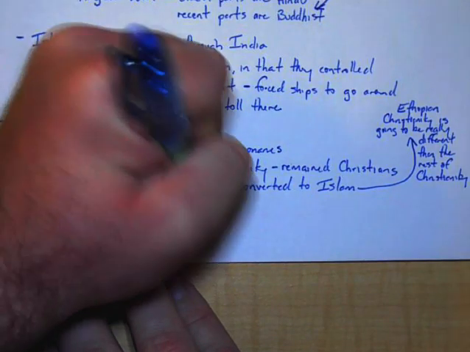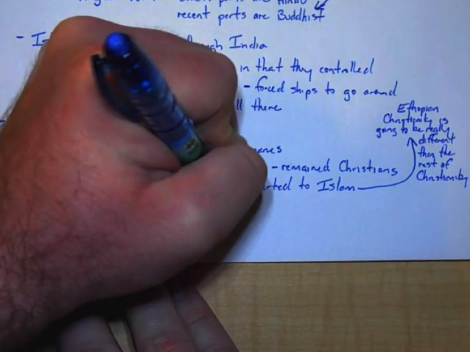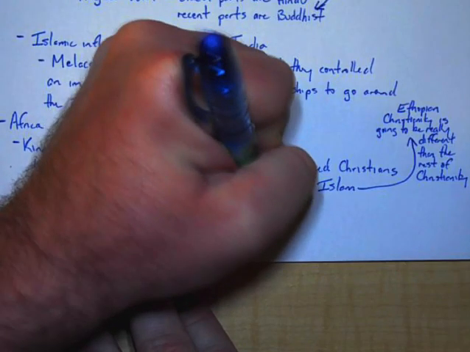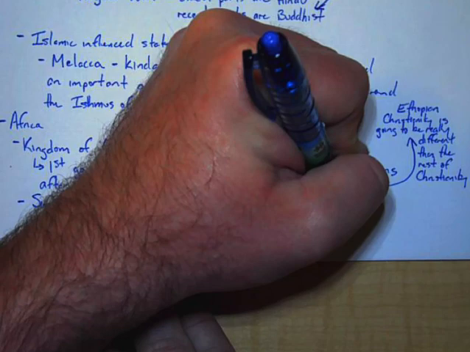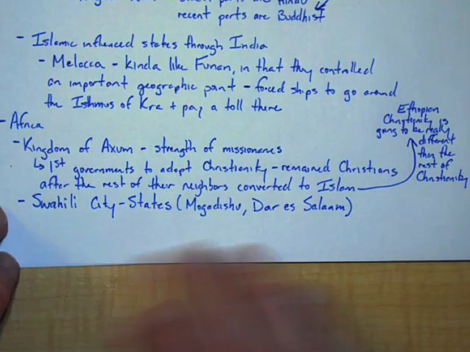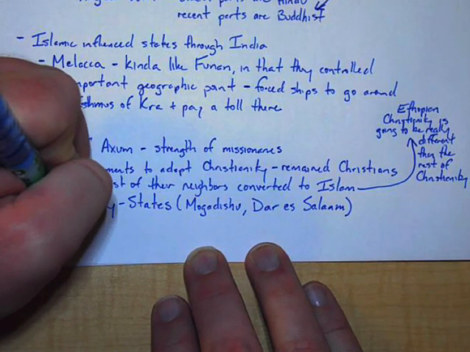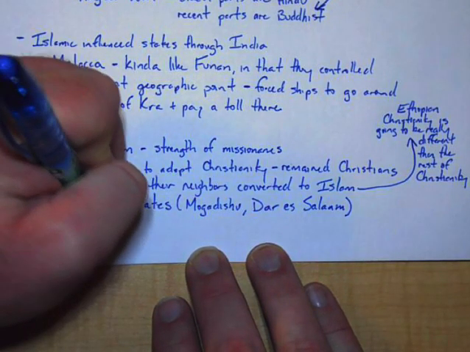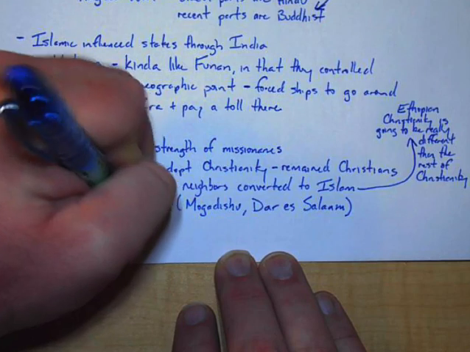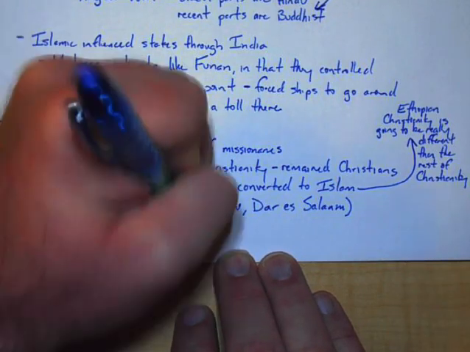And so I'm going to mention two of them, Mogadishu and Dar es Salaam, are Swahili city-states. Now, Swahili is an Arabic word for coaster, meaning someone living on the coast.